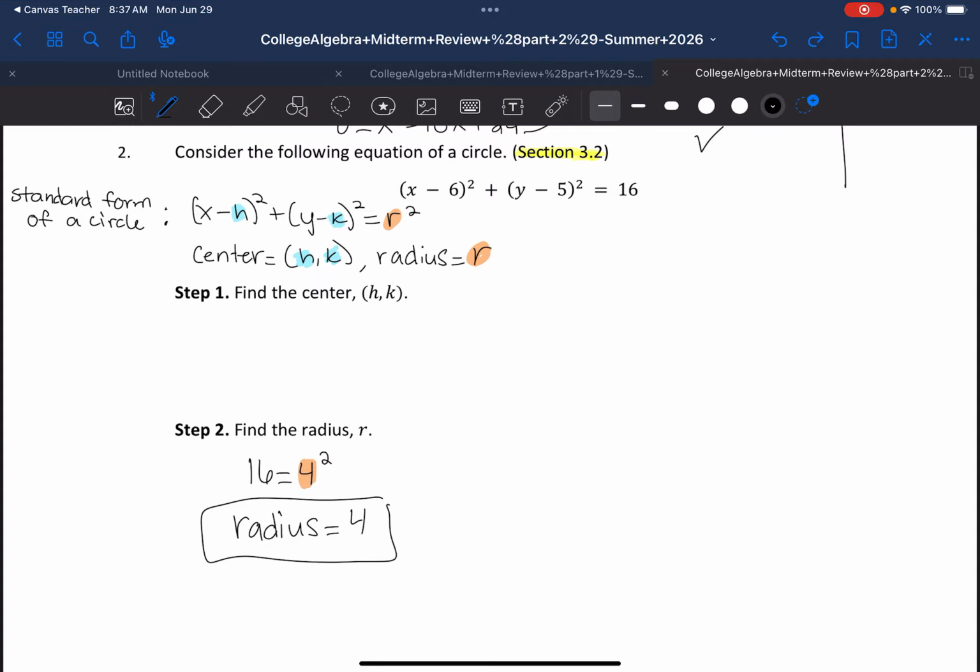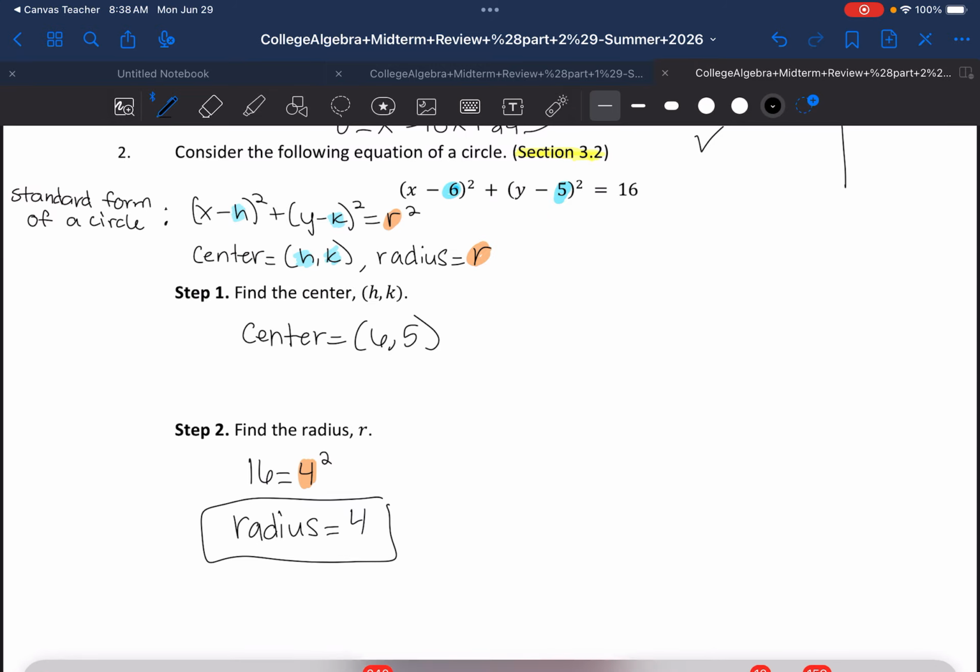Now for the center, because both of these are already negative, like the standard form, it is minus 6 and minus 5, just like this form here, because the standard form is minus h and minus k. So when these are also negative, then the h and the k are positive. So the center is just 6, 5.